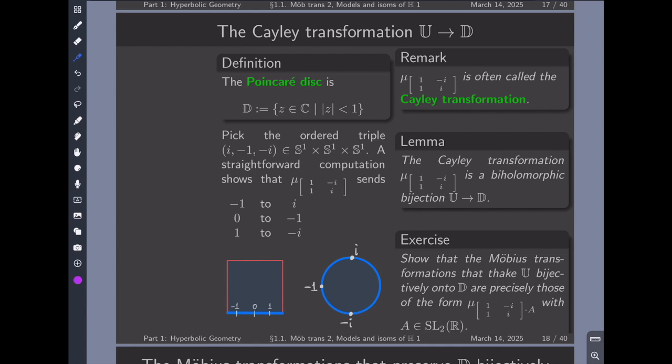what I'm going to do is show you one Mobius transformation of C bar that sends the upper half plane bijectively into the unit disk. We should be able to do this in many ways, because we have the upper half plane, we have the unit disk, and we want to send this inside here.